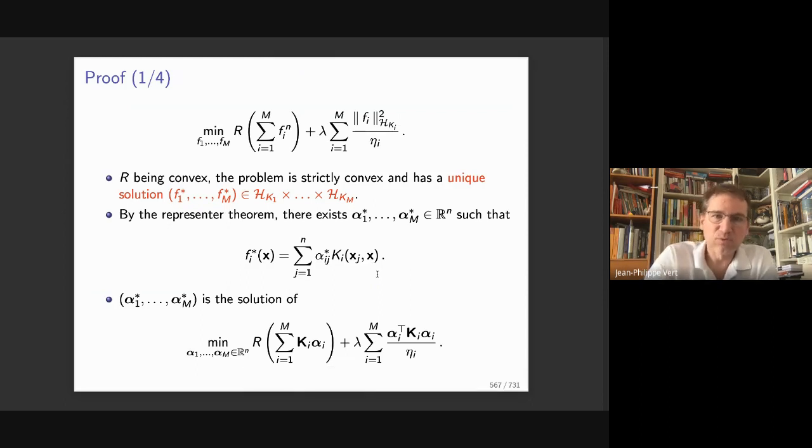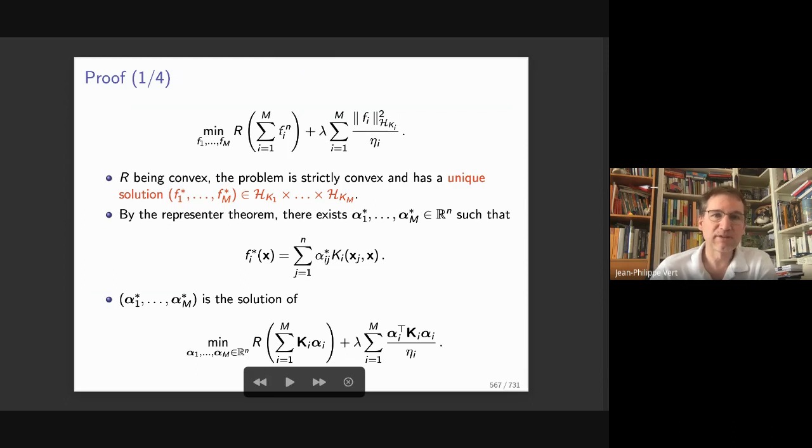Now what we want to do is to clarify what the alphas are for different functions, and if they are the same up to the eta, then this will be simply equal to a sum of alpha kernel sum. But for the moment, there is no kernel sum because we have possibly different alphas for the different fi's. Still, knowing that the alphas exist, we can rewrite our optimization problem in terms of alpha.